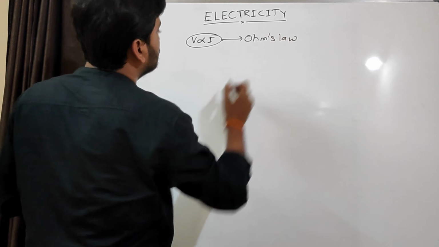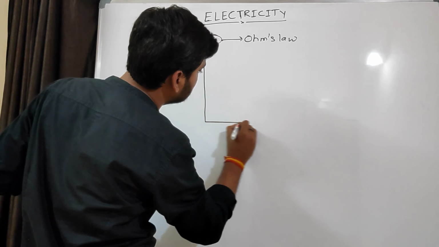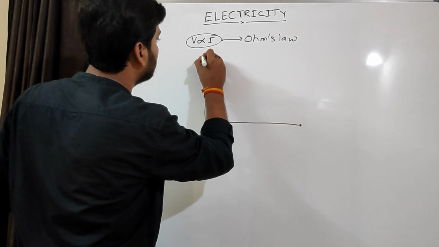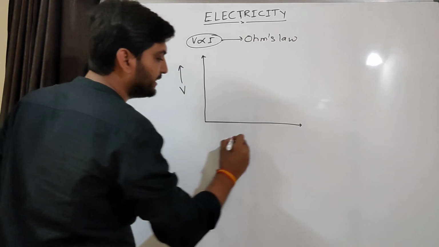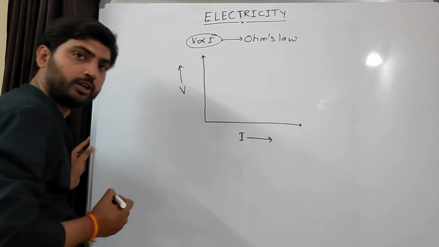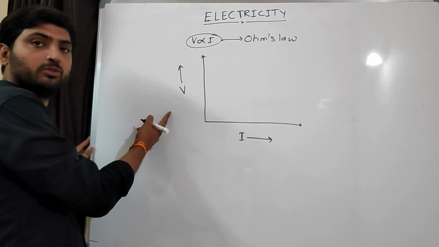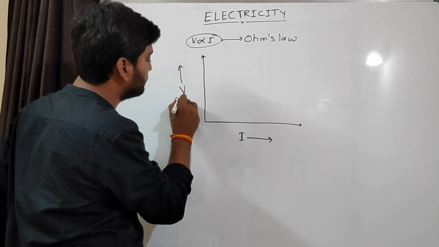So when we plot a VI graph, potential difference V on the Y axis and current I on the X axis. Potential difference on Y axis, current on X axis. This will be its volt.